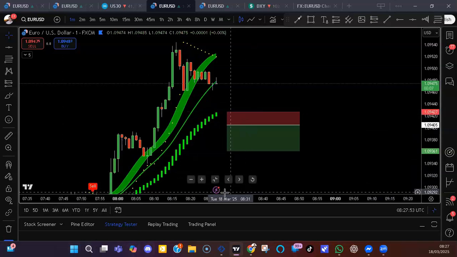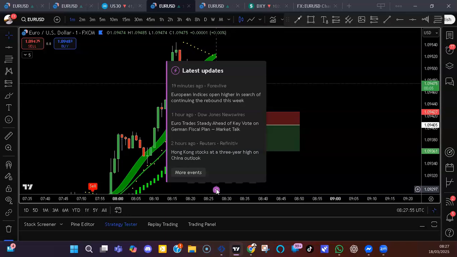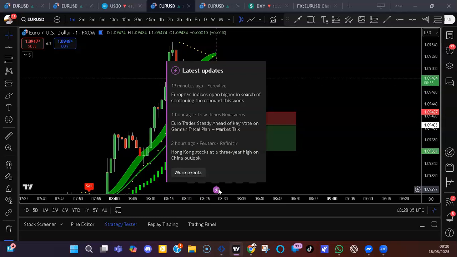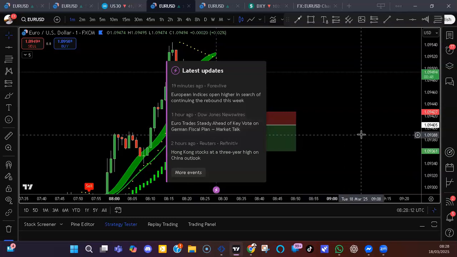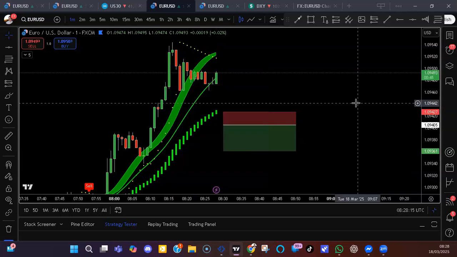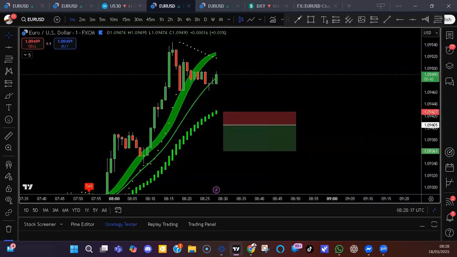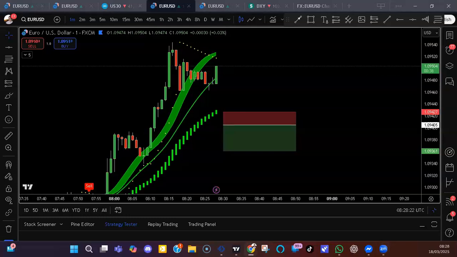See if there's any latest little bits of nuggets of news. Euro trades steady ahead of Kivo and German fiscal plan. Market talk. That's at 10 o'clock today. Indeed. Yeah.